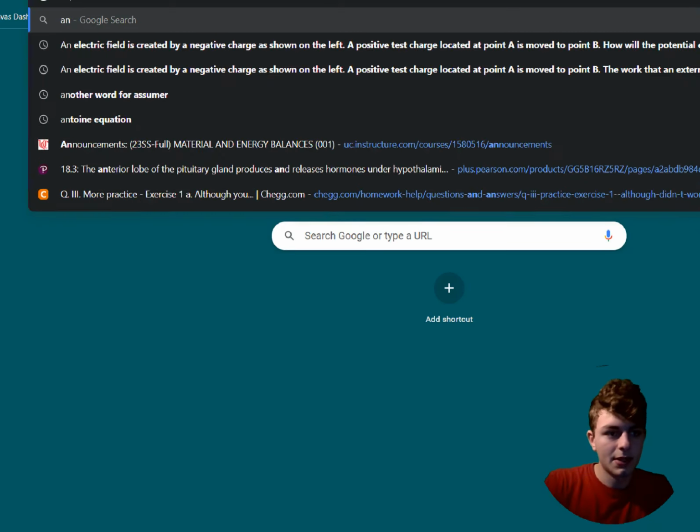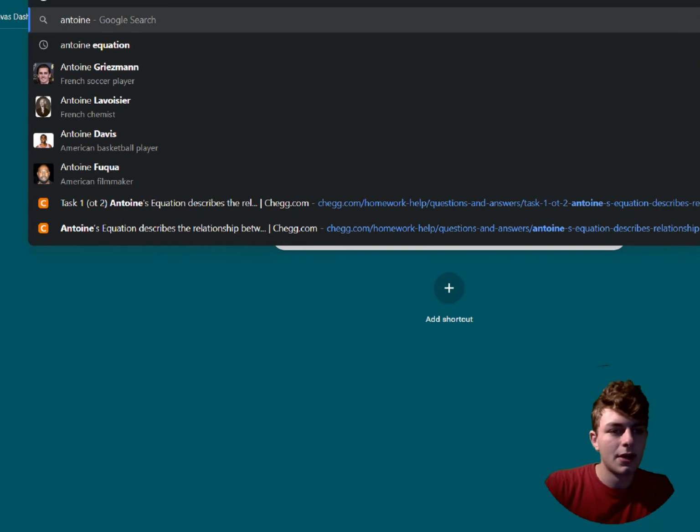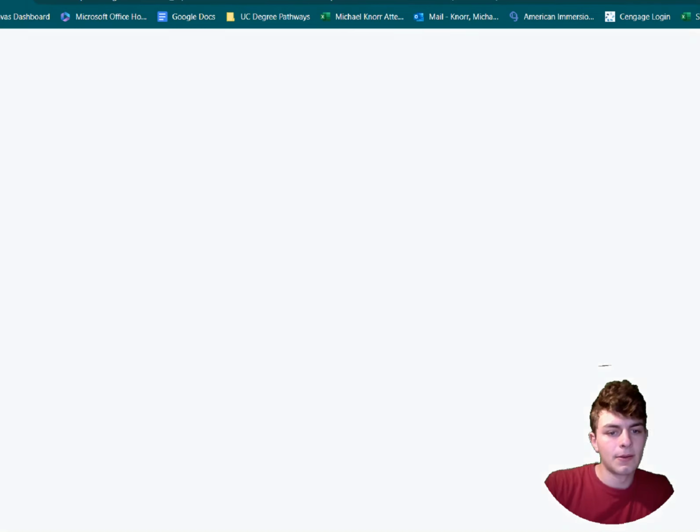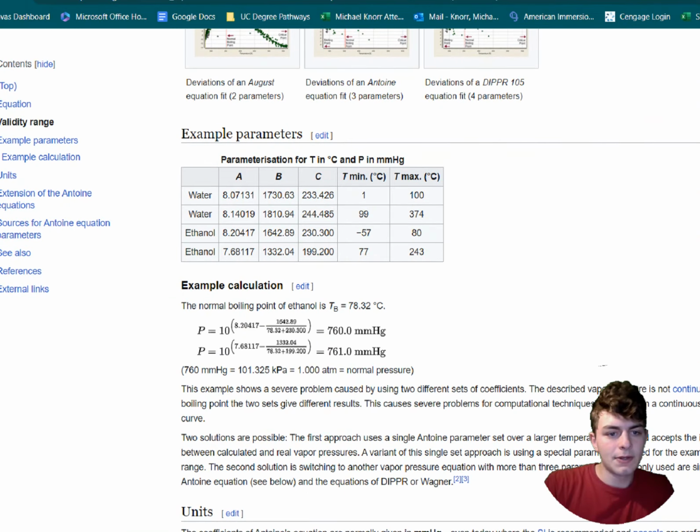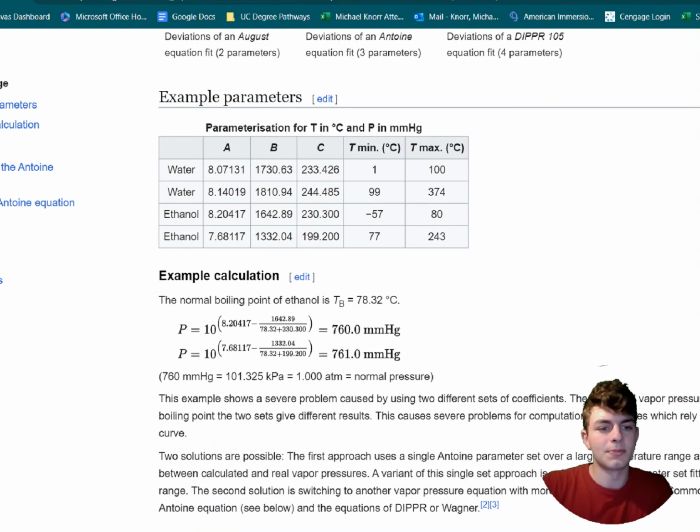For the values of A, B, and C, I'm just going to go ahead and look them up. I'll look up Anton equation, and water comes up almost immediately. Remember, I said it does only account for a specific temperature range. In this case, the minimum temperature would be 99 degrees Celsius, the maximum is 374.